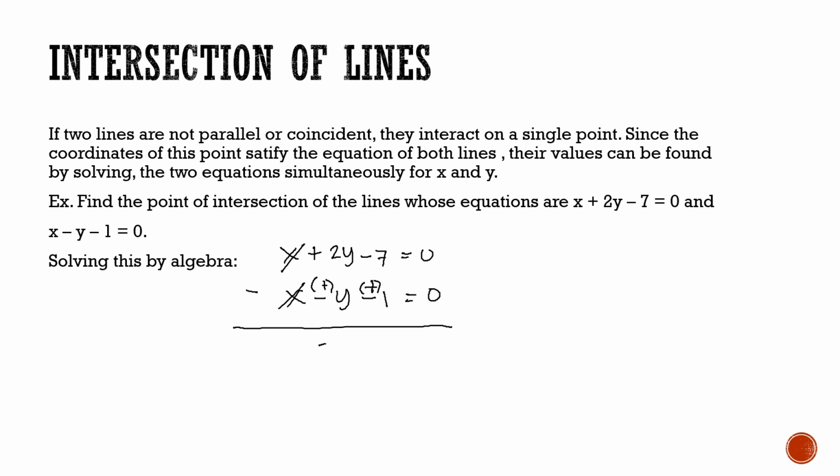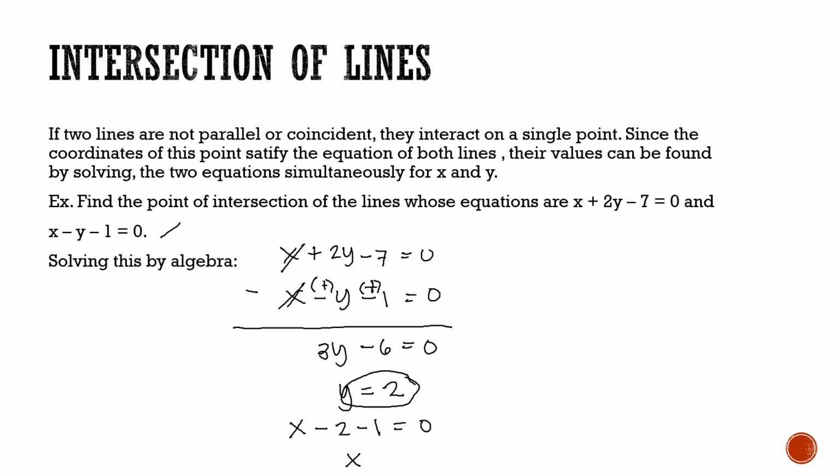We will end up with 3y minus 6 is equal to 0. Therefore, y is equal to positive 2. If we substitute this y value to this equation, we will have x minus 2 minus 1 is equal to 0.